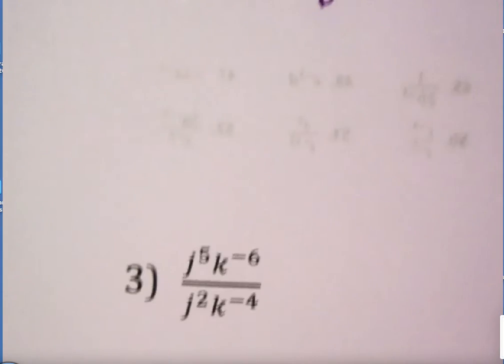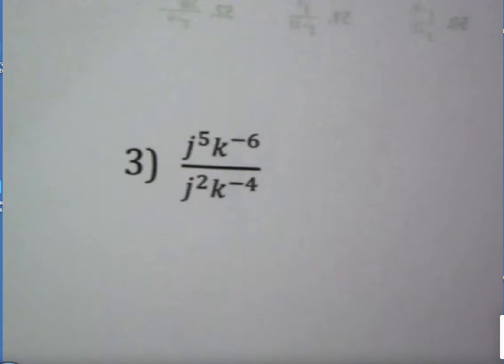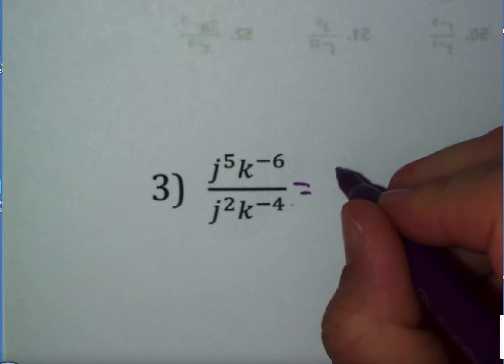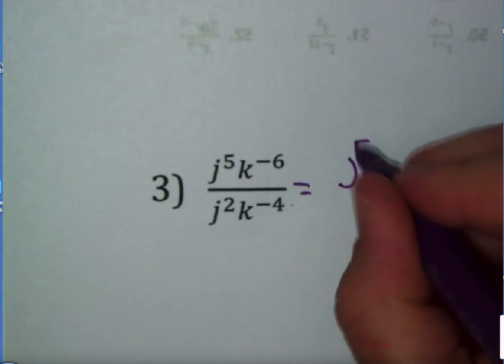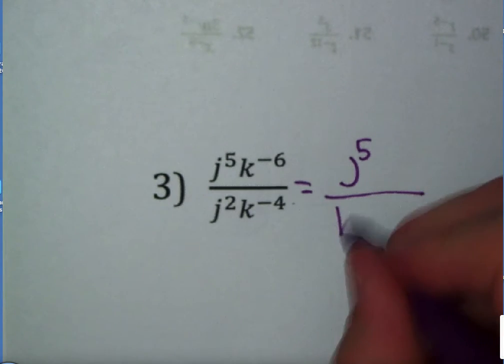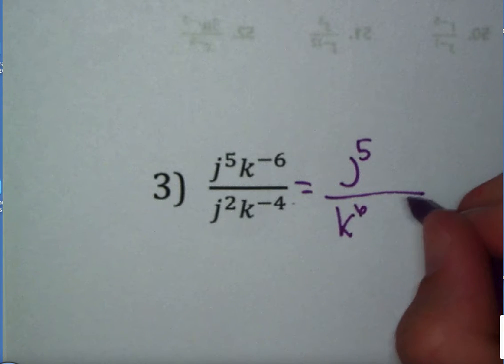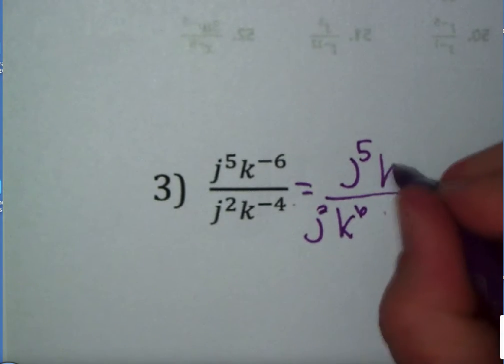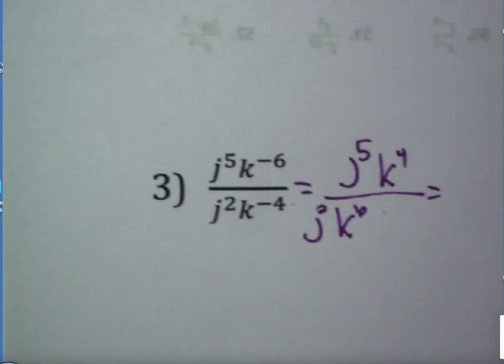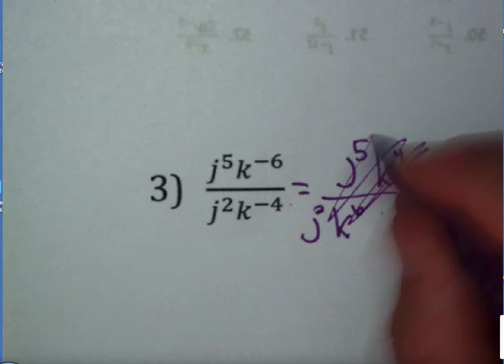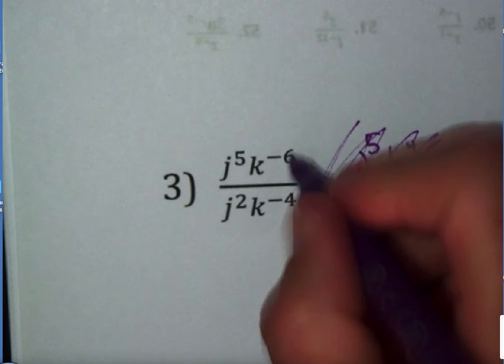All right, another one here. Okay, we're going to simplify. J to the 5th is good. K to the negative 6 has to shift down as k to the 6th. J to the 2nd is fine where it is. K to the negative 4th has to move up. Oh, but maybe I shouldn't have done that, right? Maybe I should have done the math first.